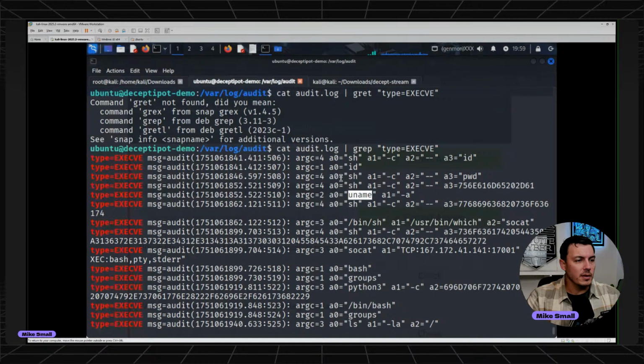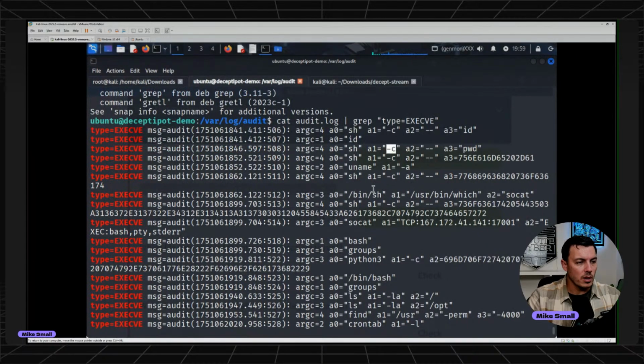And what we have here is A0 is the first thing, and then every A after that are arguments to it. So this would be sh -c pwd. This would be uname -a. So this is how you read these types of commands.